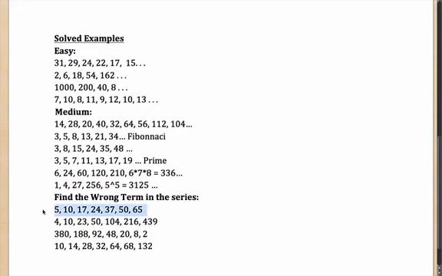Now, moving on to the more interesting type of problems, you have to find out the wrong term in this particular series. So once again, you need to notice what is the pattern. 5, 10, 17, 24, 37, 50, 65. Well, the pattern here is that they are 1 above the perfect squares. 5 is 4 plus 1, 9 plus 1, 16 plus 1. So this should have been 25 plus 1, or this should have been 26.